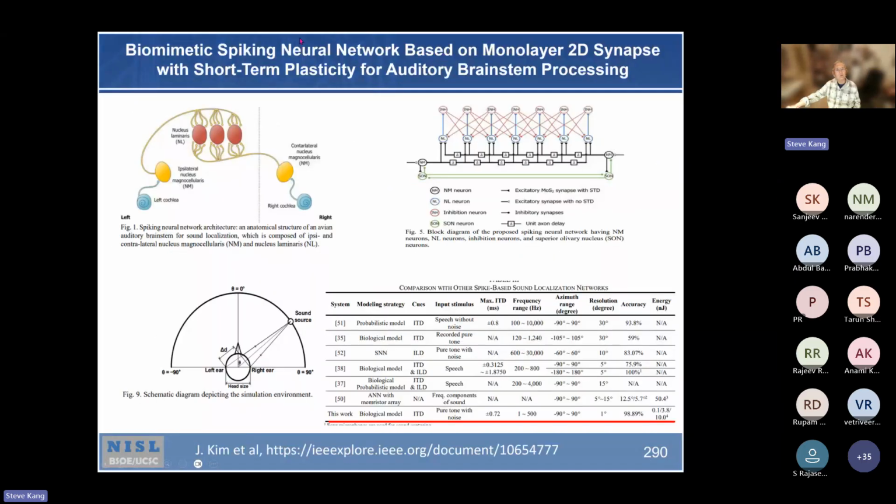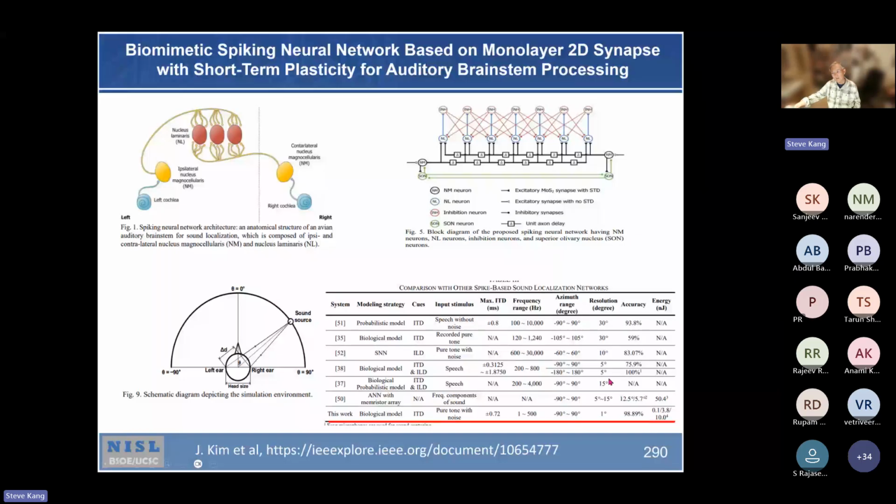So this shows a more biomimetic spiking neural network based on monolayer 2D synapse with short-term plasticity for auditory brainstem processing. That's the title of the paper, and this is the paper here. A biological model was used, with pure tone with noise, frequency range 1 to 500 hertz, and azimuth angle minus 90 degrees to 90 degrees.